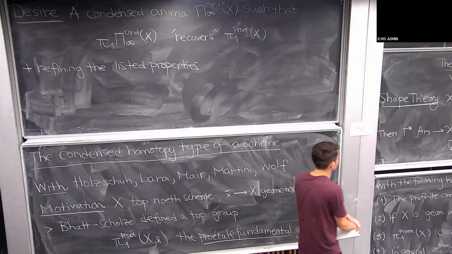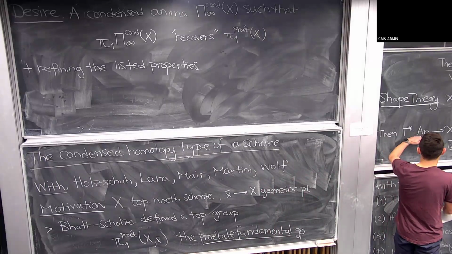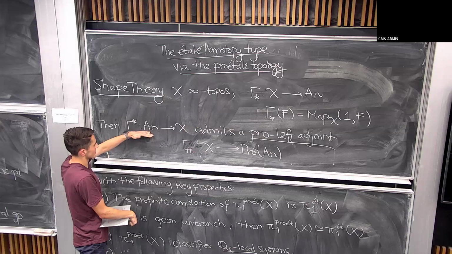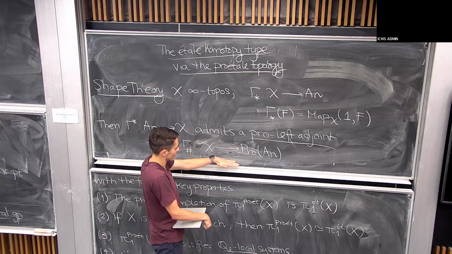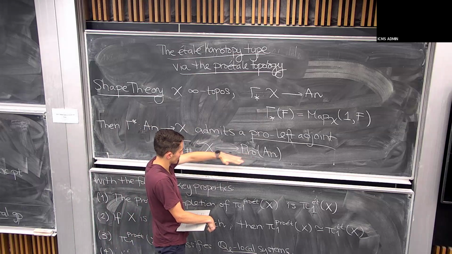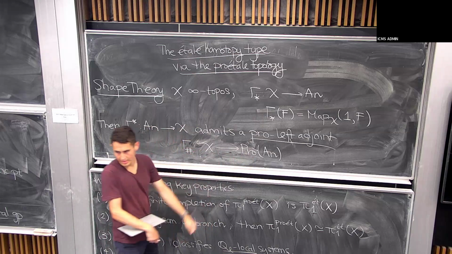This type of functor in general won't have a left adjoint, but as long as you're willing to enlarge the target to pro objects, so things that are formal cofiltered diagrams of anima, then it does admit a left adjoint.